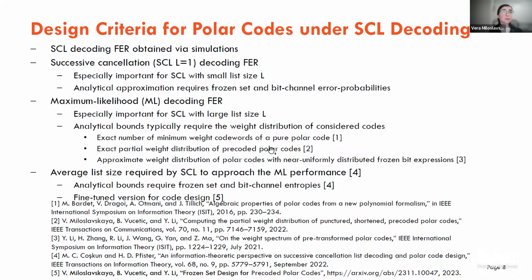First, for pure polar codes satisfying the partial order constraint, we can compute the exact number of minimum weight codewords. Then for some precoded polar codes, we can compute the partial weight distribution, that is, the first components of the weight distribution. And there is also a quite efficient approximation of the weight distribution for polar codes with near uniformly distributed frozen bit expressions. And we are using those techniques.